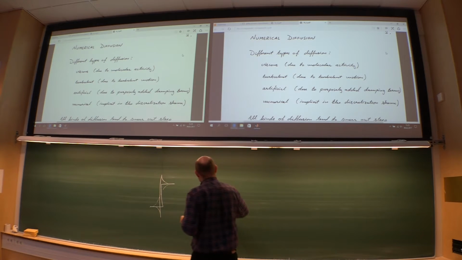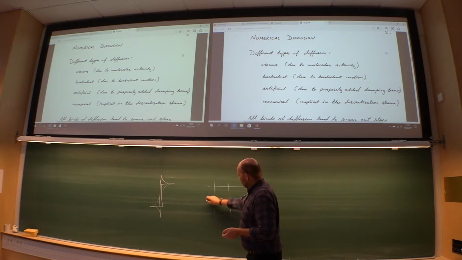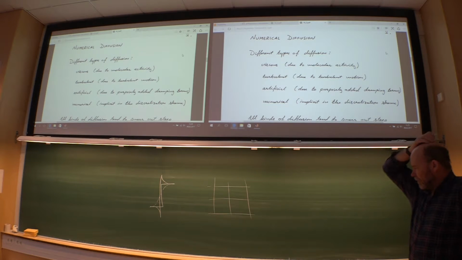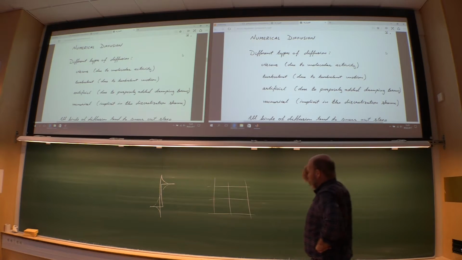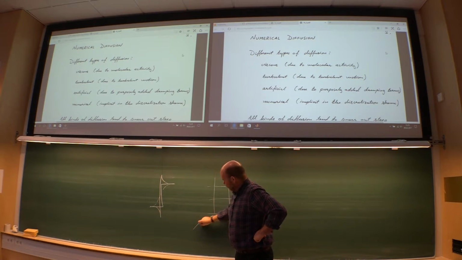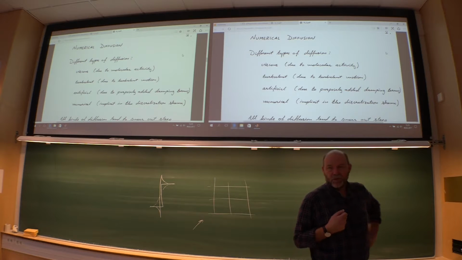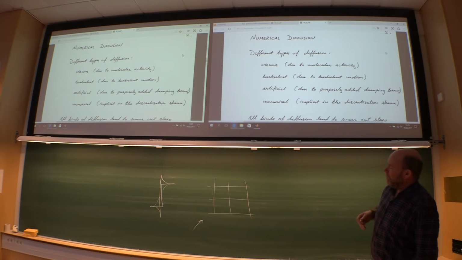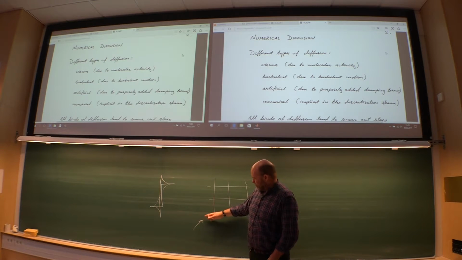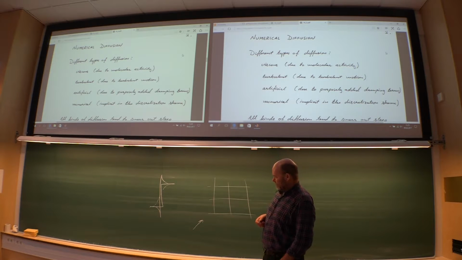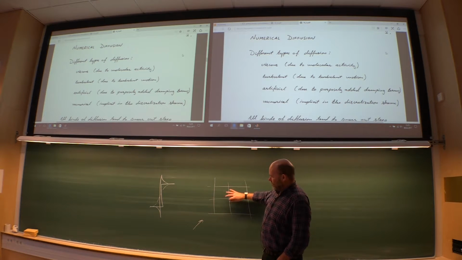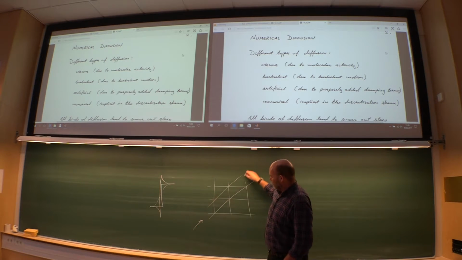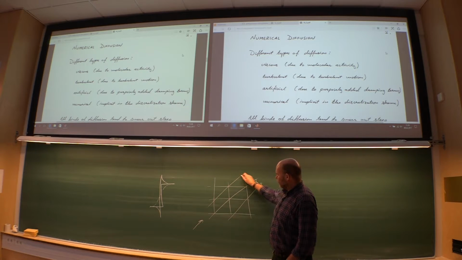So say for instance, you have your numerical mesh system, something like this, uniform rectangular cell systems. And you now add a flow at 45 degrees to the grid lines. There you're in trouble. Not from any of these, but just from interpolating, calculating the velocity field here, you will have a smearing effect because the streamlines will be at an angle to your computational mesh.